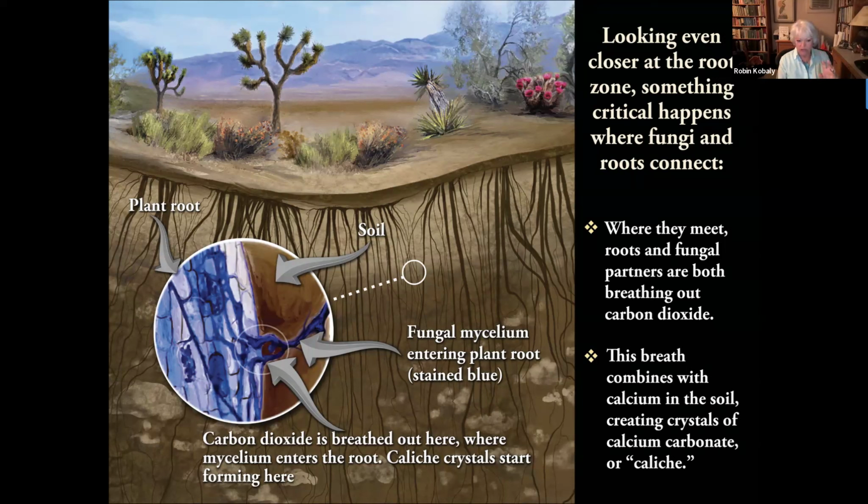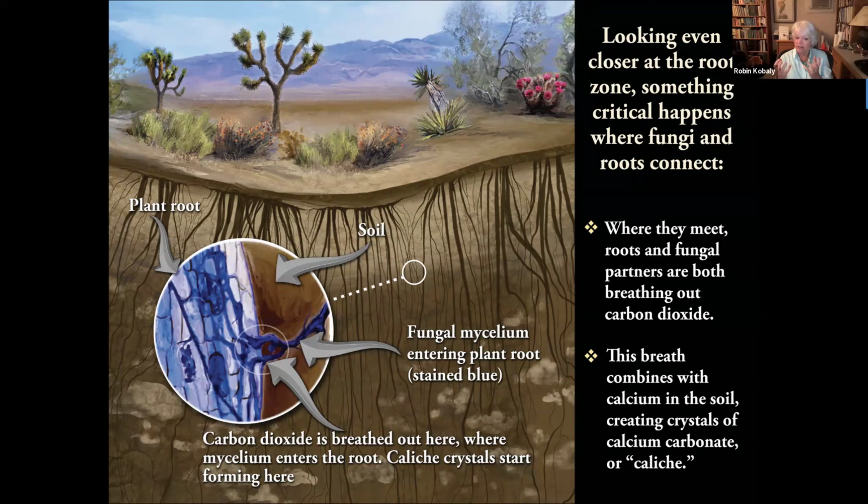And from the soil side, the very dark blue fungal mycelium is entering the plant root. It's going inside the plant root, and there it is going to be slurping up some of those sugars. They're both underground, the plant root and the fungi, so they're both respiring. They're both breathing out carbon dioxide. They're breathing that out into a moist environment.